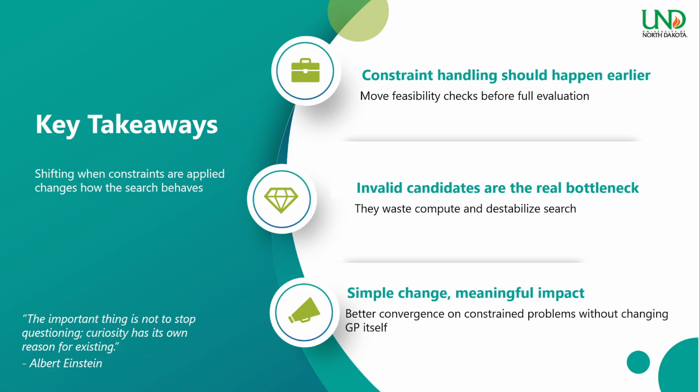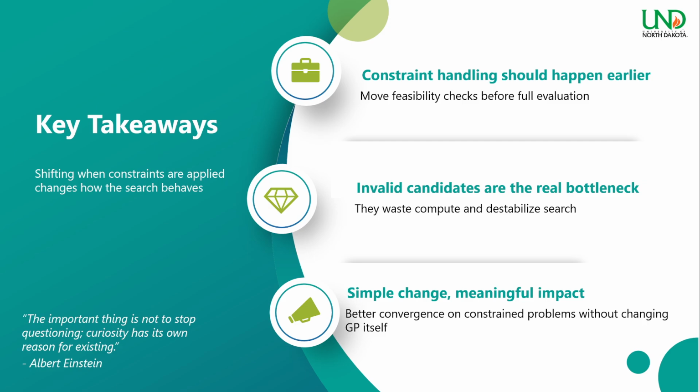So there are three interrelated takeaways from this work. The first one is that constraint handling itself is more effective when it happens earlier. Moving feasibility checks before evaluation changes how the search behaves. Second, invalid candidates are a real problem. They're not just failing, they're wasting compute, and they're introducing noise into the selection process.